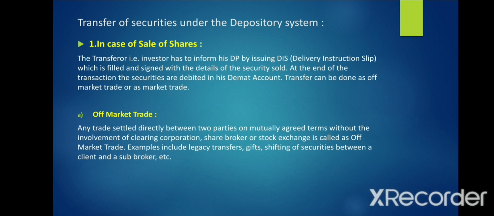Transfer can be done as off market trade or as market trade. A. Off market trade. Any trade settled directly between two parties on mutually agreed terms without the involvement of clearing corporation, share broker or stock exchange is called off market trade.